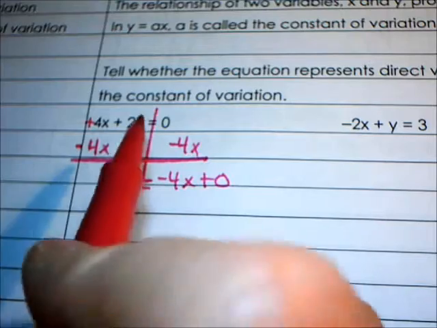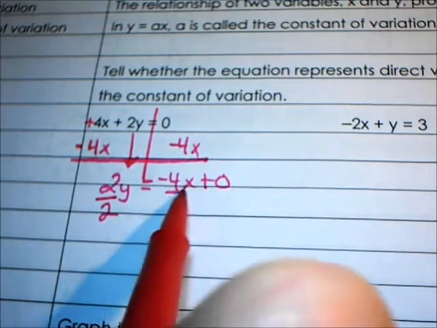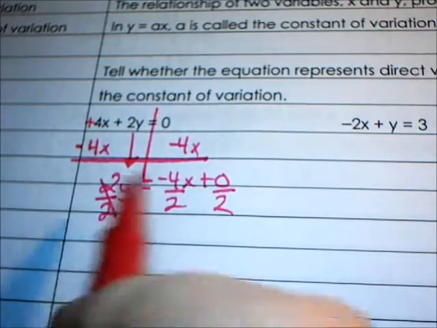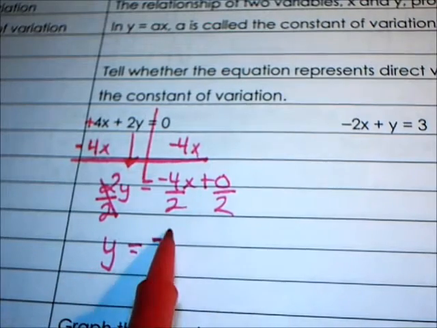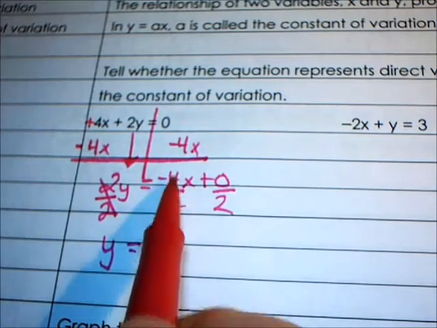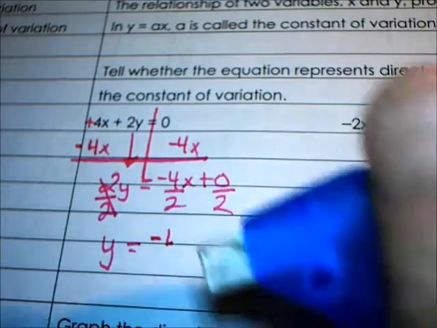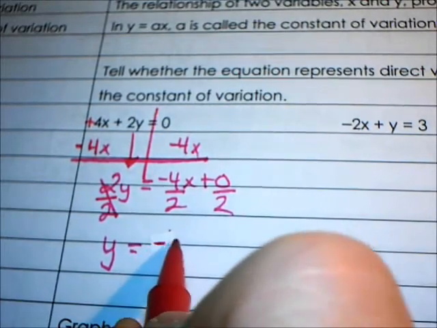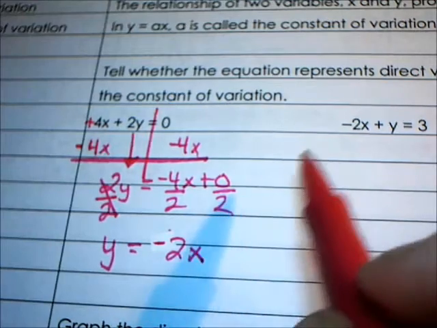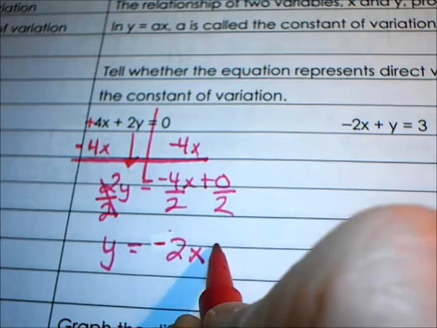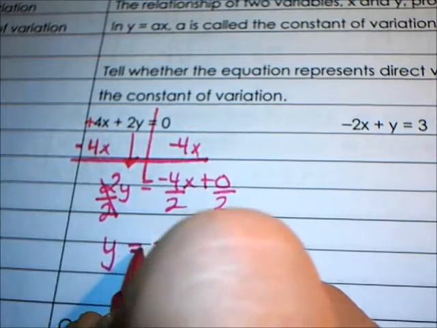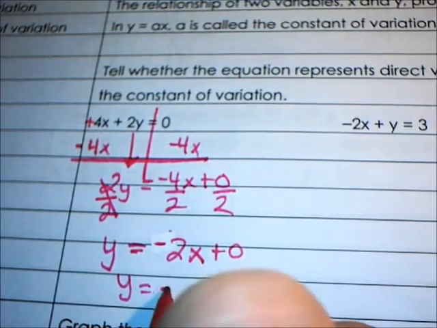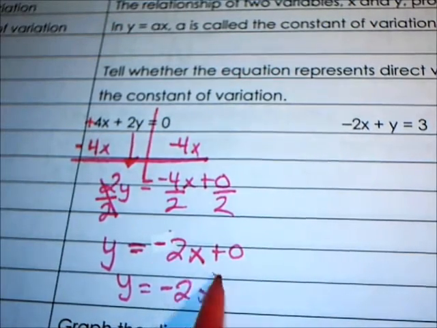Y is not by itself yet, so now next I need to divide everything by 2. So I have y equals negative 4 divided by 2 is negative 2x, and then 0 divided by 2 is just 0. So if you want, put a plus 0 there, or we can just write this as y equals negative 2x.